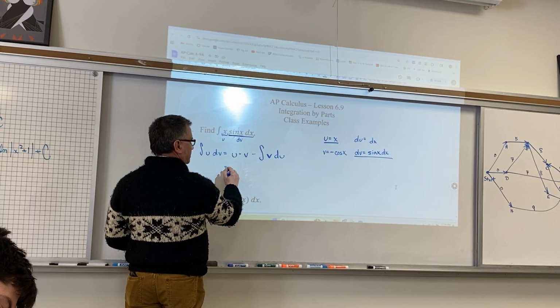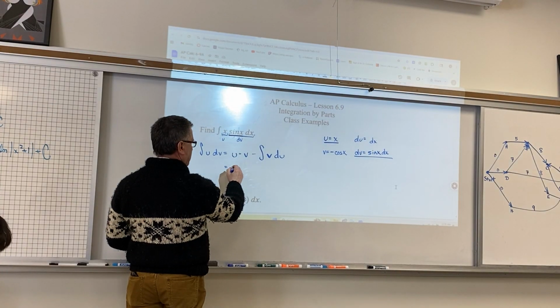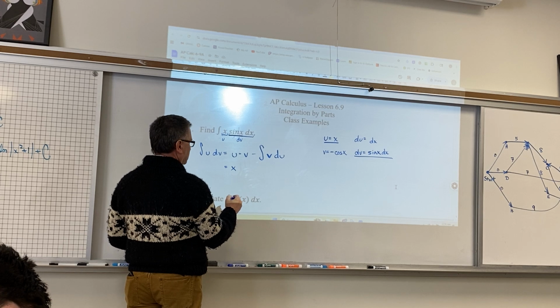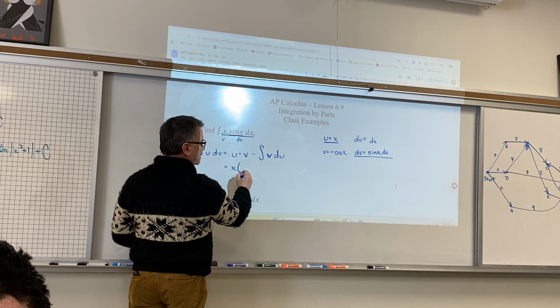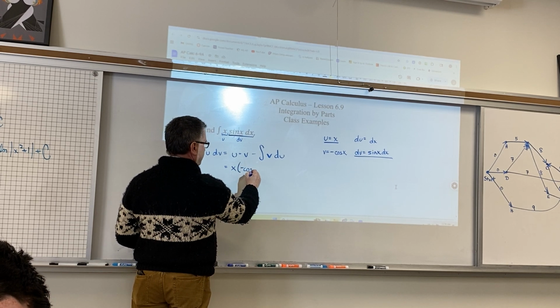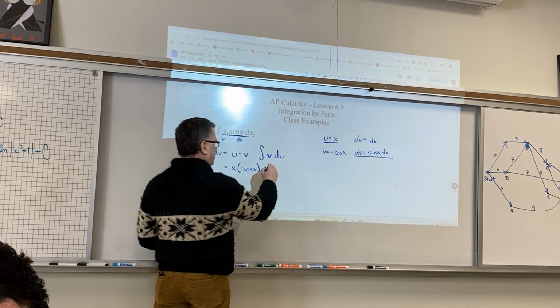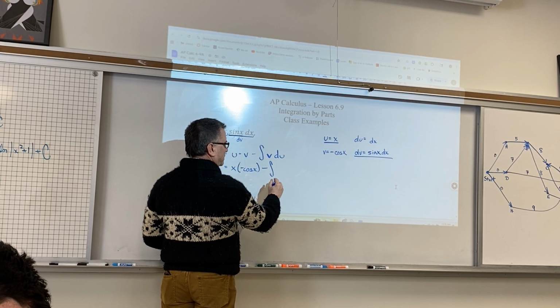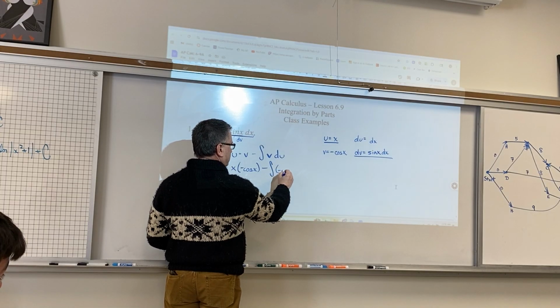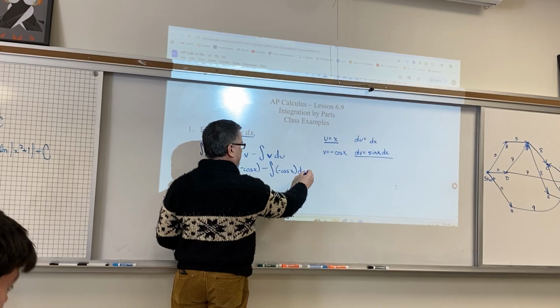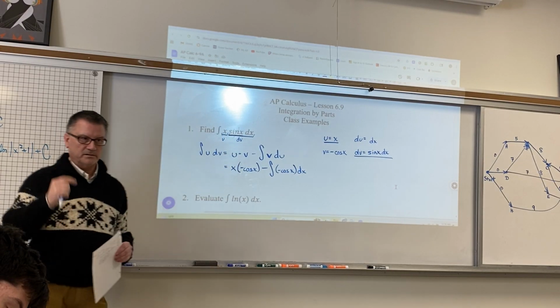So that's going to be u was x and v, sorry, minus cosine x, minus the integral of v, which was negative cosine x, du, dx. So just plug in your pieces.